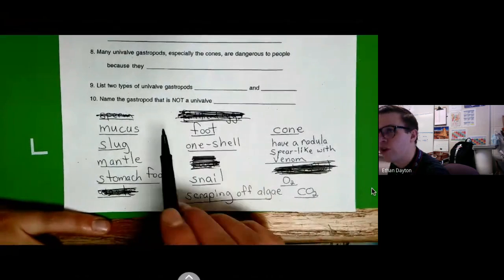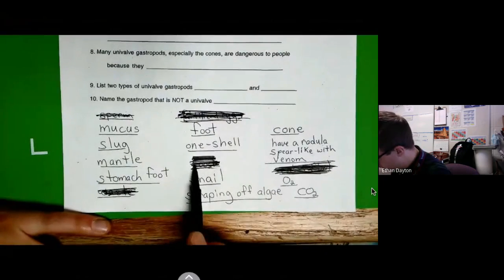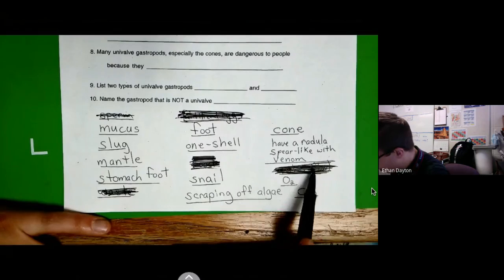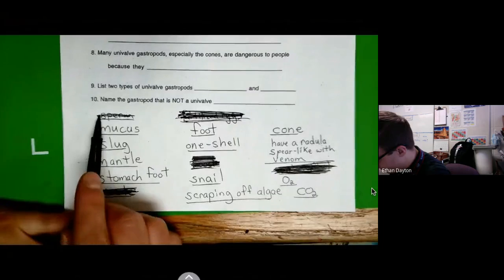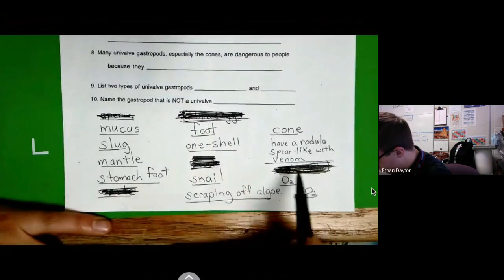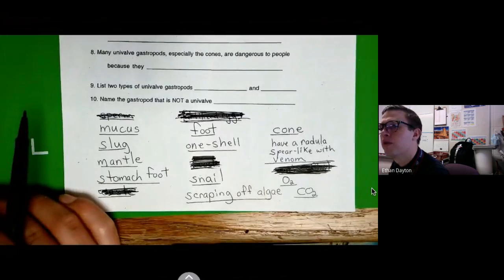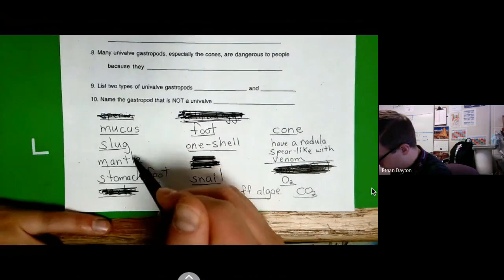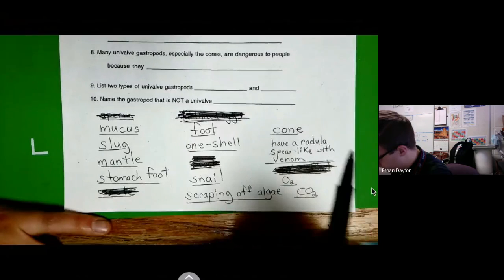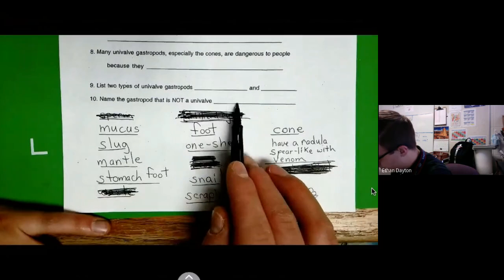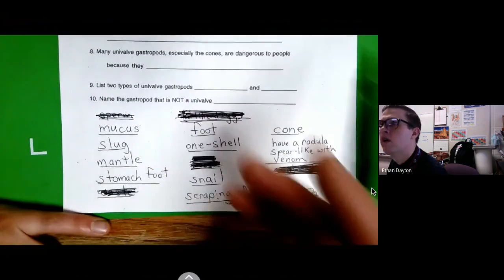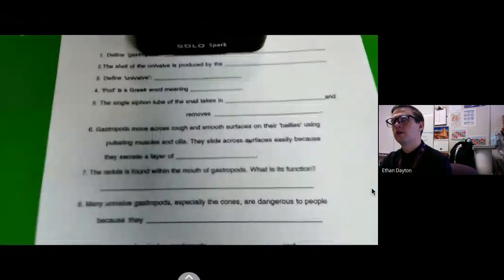You will not use fertilized eggs. You will not use food. And you will not use water. So no sperm, no waste, no fertilized egg, no food, and no water. There are 12 words in the word bank. There are 12 blanks on the quiz.